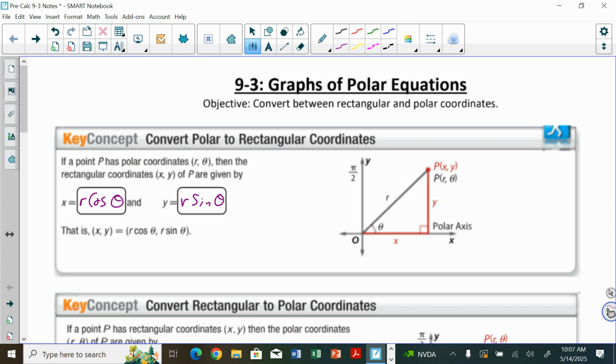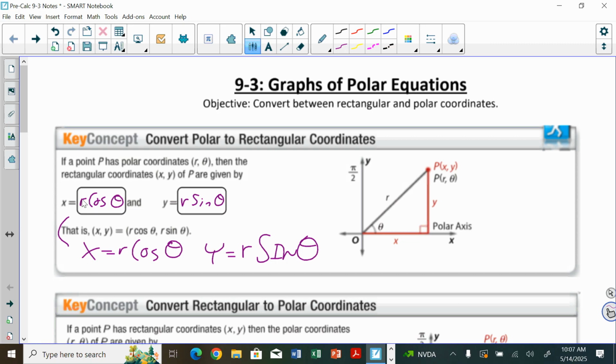That would do it right there. If it helps, I'll rewrite them down here. X equals r cosine theta. Y equals r sine theta.